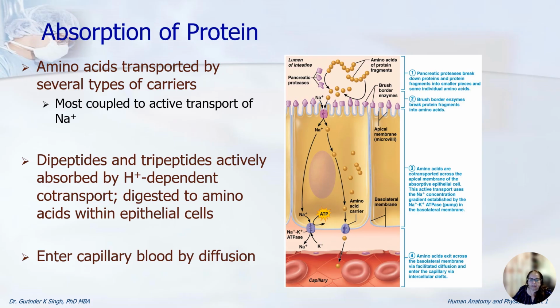They have different types of carrier proteins, mostly coupled with active transport of sodium, so sodium and amino acid transporters will be there. Dipeptides and tripeptides are absorbed actively by proton dependent co-transporters and then digested to amino acids, and the amino acids at the brush border side are transported out through facilitated diffusion and taken up by the blood.